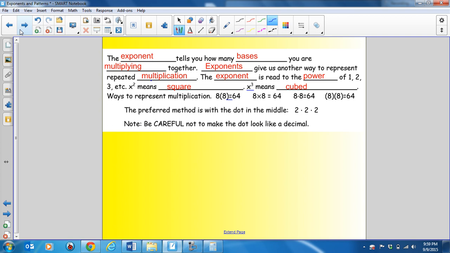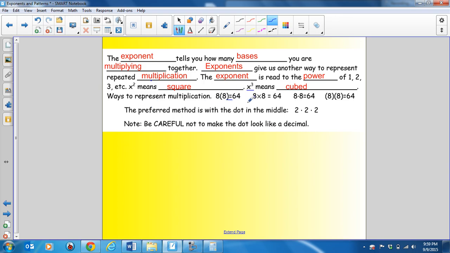X to the second power means squared, and x to the third power means cubed. Squared means you have 2 of the number. Cubed means that you have 3 of the number. So if I say 4 squared, that means you have 4 times 4. You have 2 4s.